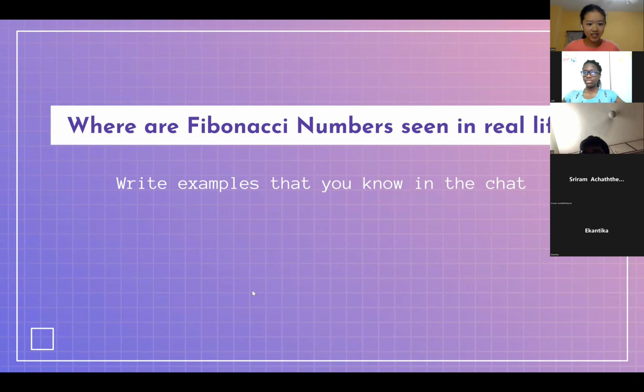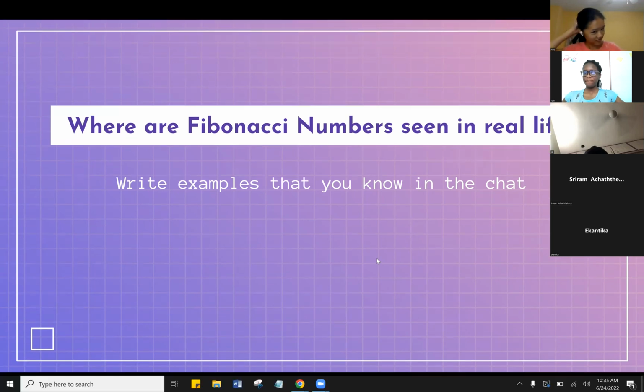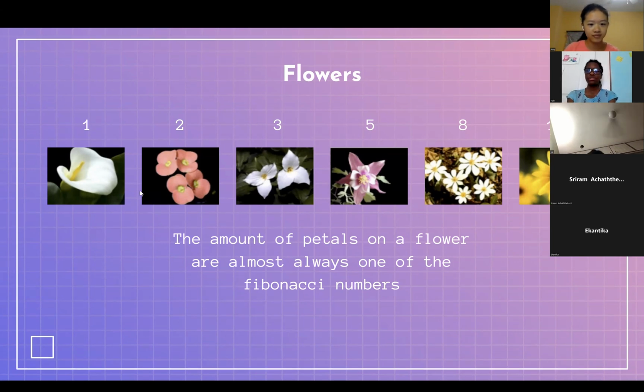Any other ideas? Someone already said this. If you didn't know this, if you go outside and count the petals on flowers, most likely the amount of petals will be one of the Fibonacci numbers. So you have some examples here. There are more examples, but this one just goes up to 13.